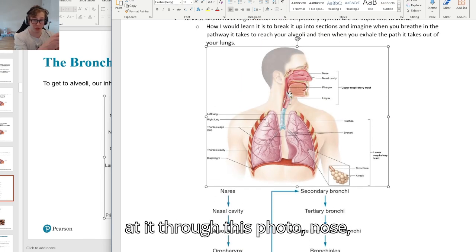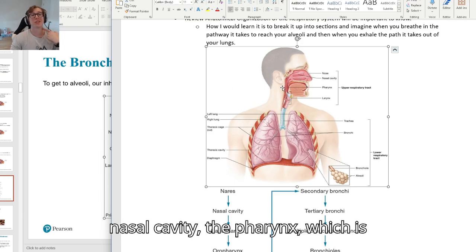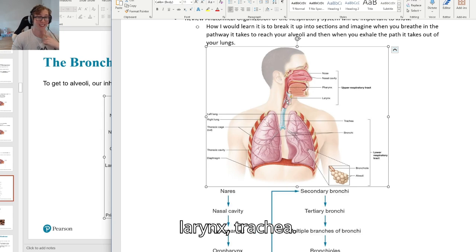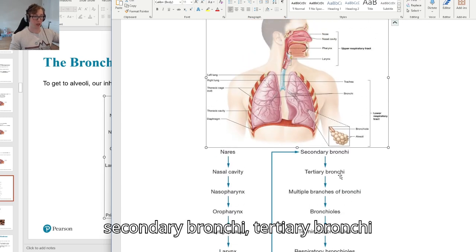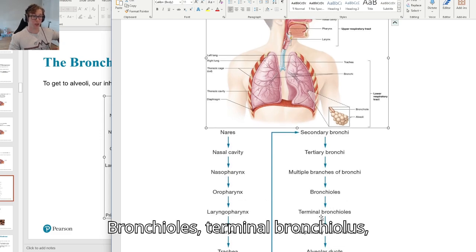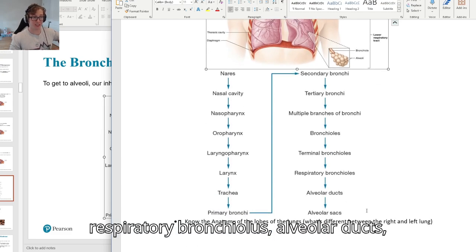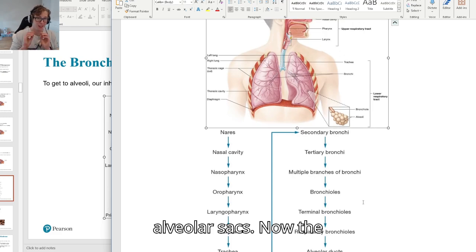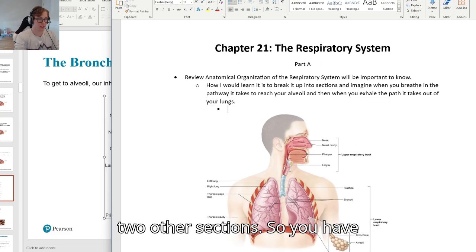And if we look at it through this photo: nose, nasal cavity, the pharynx, which is divided up into those 3 sections, the larynx, trachea, primary bronchi, secondary bronchi, tertiary bronchi, branching off into multiple paths, bronchioles, terminal bronchioles, respiratory bronchioles, alveolar ducts, alveolar sacs. Now, the respiratory system is also divided into 2 other sections.